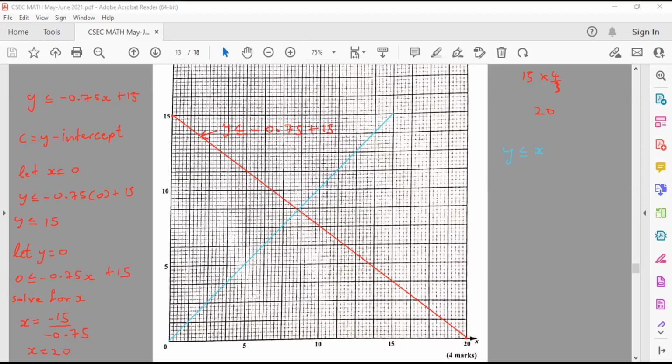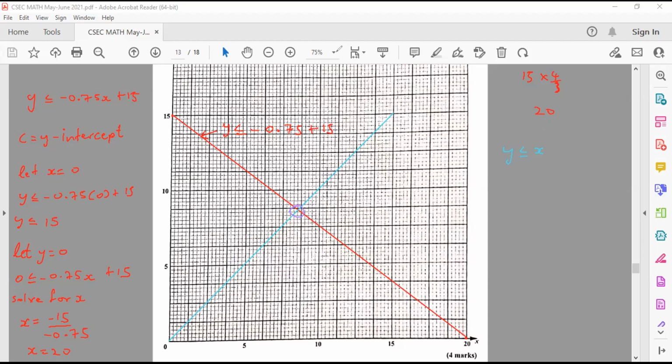The point where both lines cross each other, we can highlight. That part will be the answer to the equation.